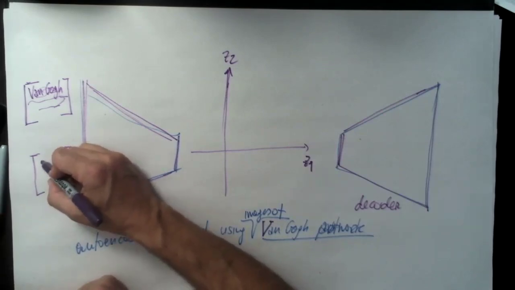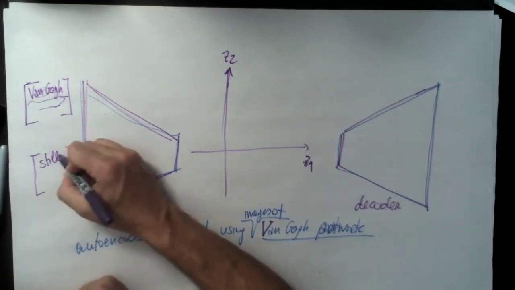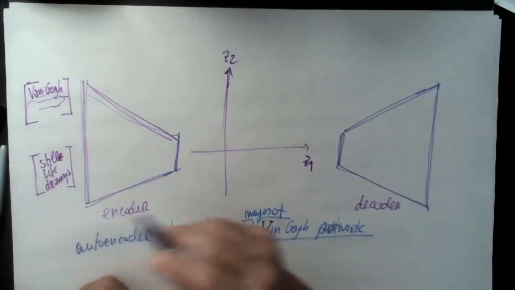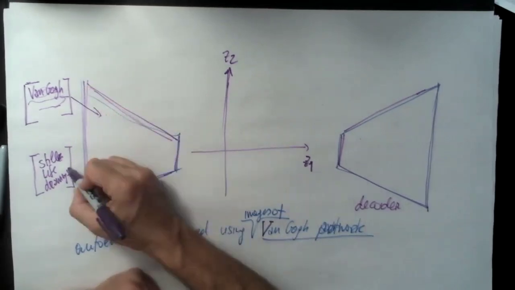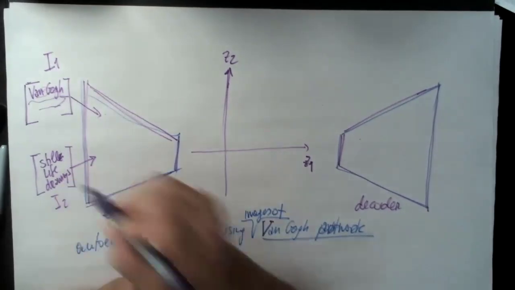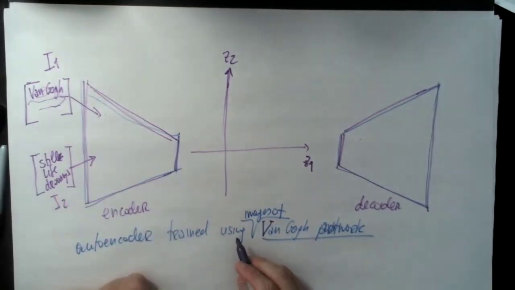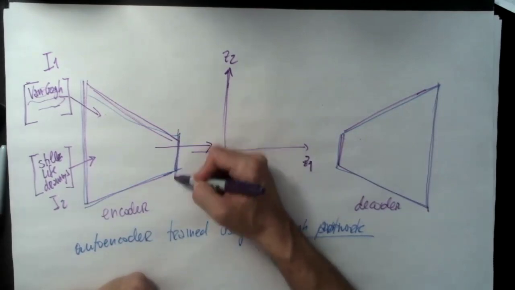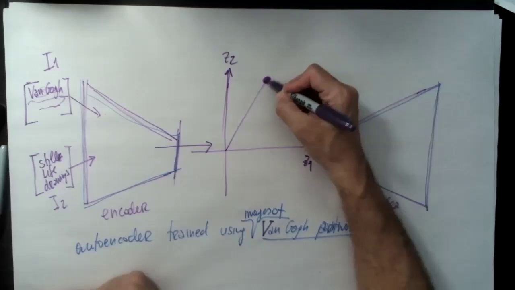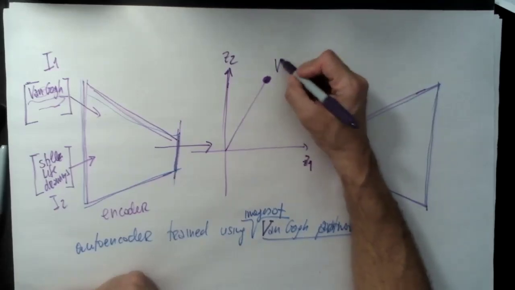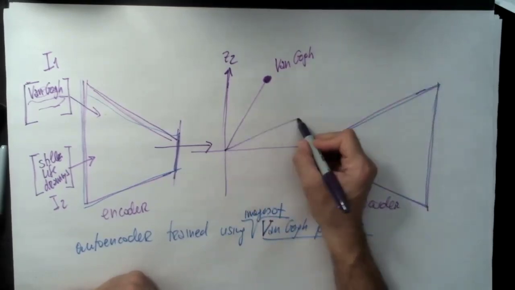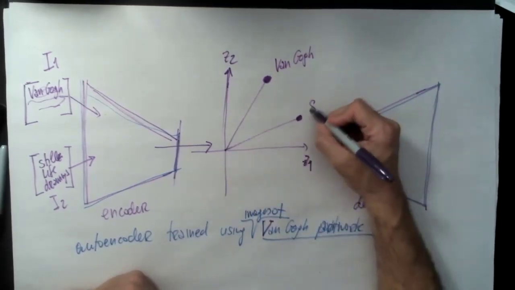Imagine that it is a still life drawing. Let's call these image 1, image 2. We pass them through the autoencoder, which spits out one point here that is going to be the Van Gogh image. And maybe this other point here is going to be the still life.